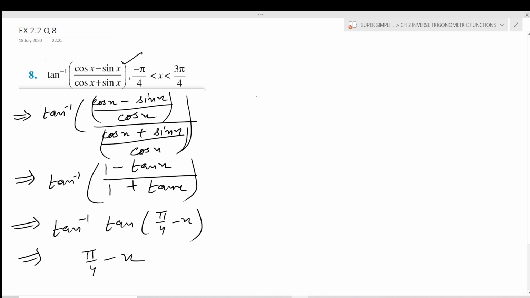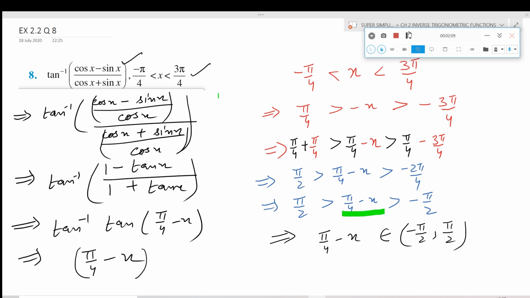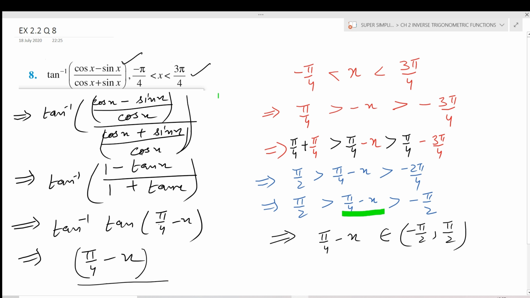Now you have to check whether x lies in this domain or not. Now to check whether this value of the given function tan inverse belongs to the principal range of the tan inverse function or not, let us take x. It is given to you here that x is greater than minus pi by 4 and less than 3 pi by 4, as you can see here.